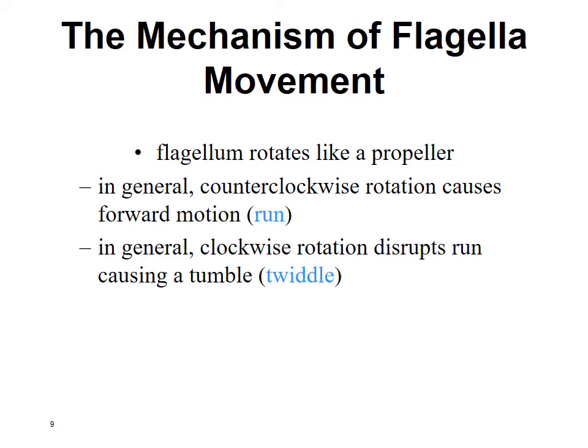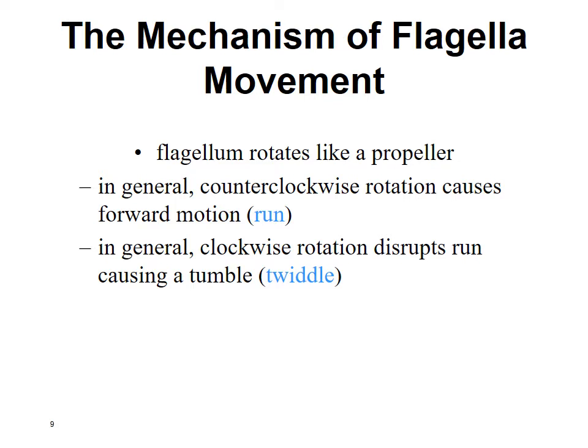For example, E. coli flagella rotate at about 270 revolutions per second. Vibrio flagella rotate about 1100 revolutions per second. And the direction of rotation of the flagella determines the direction of bacterial movement.